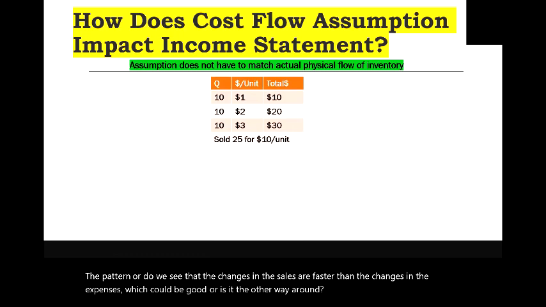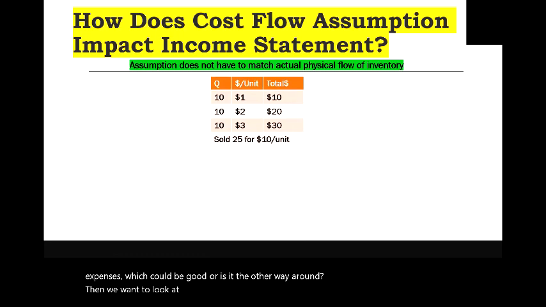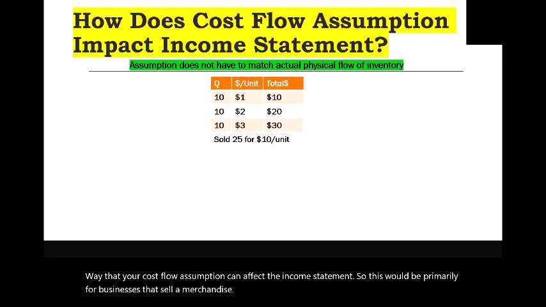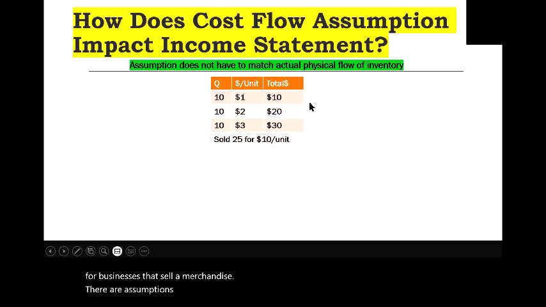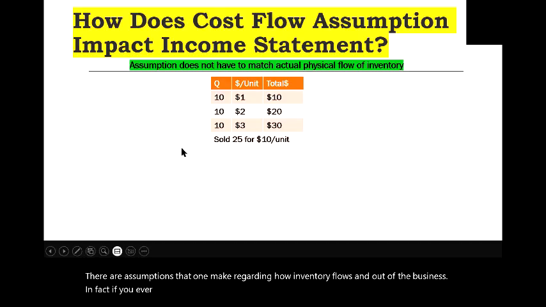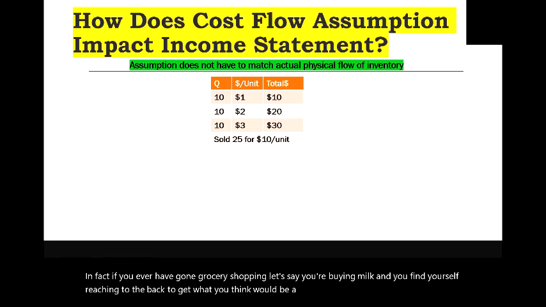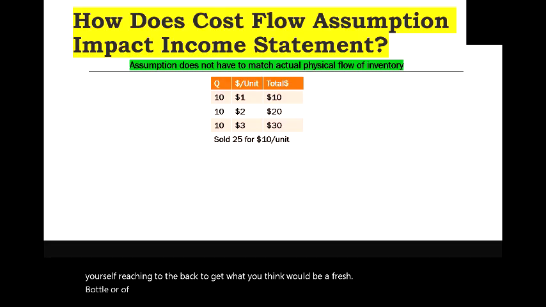Then we want to look at the way that your cost flow assumption can affect the income statement. So this would be primarily for businesses that sell merchandise. There are assumptions that one can make regarding how inventory flows in and out of the business. In fact, if you ever have gone grocery shopping, let's say you're buying milk, and you find yourself reaching to the back to get what you think would be a fresh bottle or can of milk, that's because you're making an assumption as to how the shelves are packed, right?